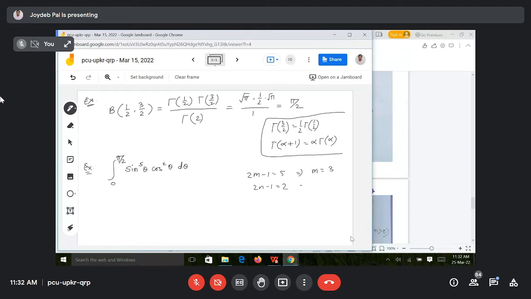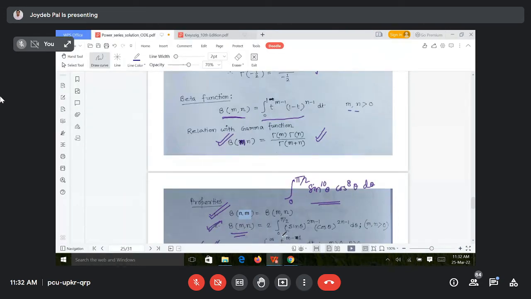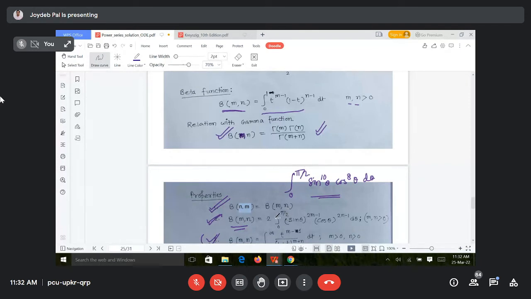And n? 3 by 2. Now, according to the second property, I can write it as 1 by 2 into beta 3 comma 3 by 2, that is 1 by 2 beta m, n.